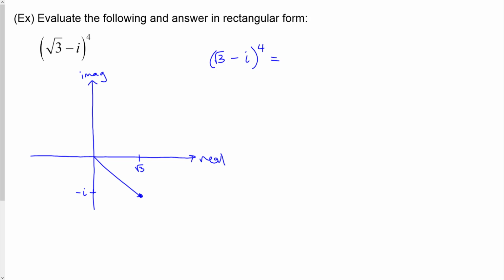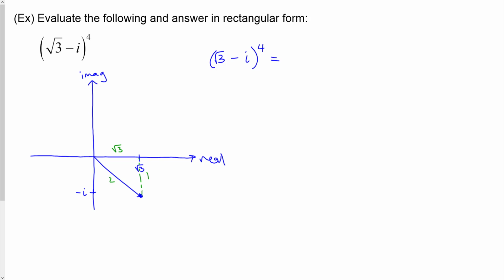Let's see here. So I have a triangle here. This side of the triangle is the square root of 3. This side is 1. And if I calculated the radius, right now the radius would be 2. Okay, and I can prove that if you need me to.